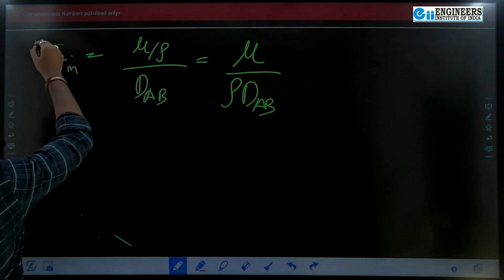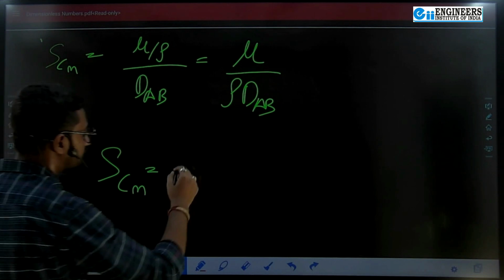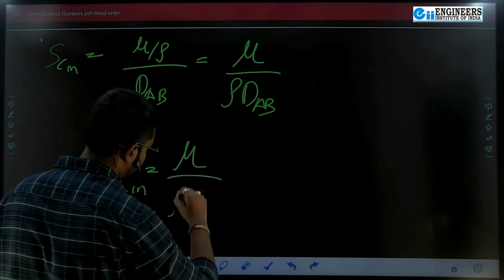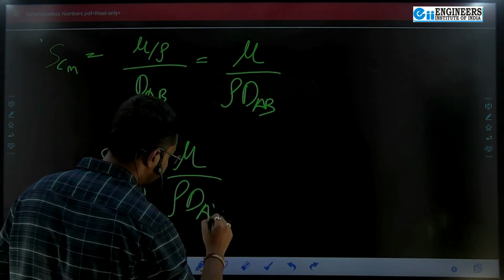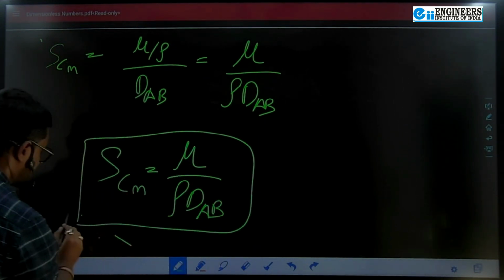So this is the final expression: Sc, the Schmidt number, equals mu divided by rho into DAB.